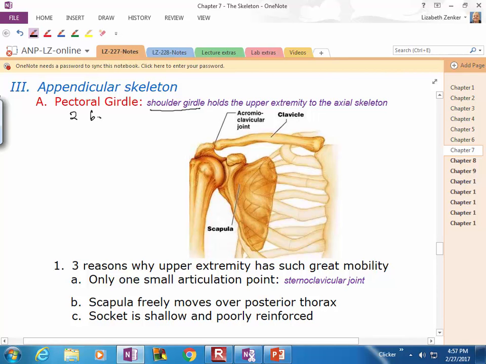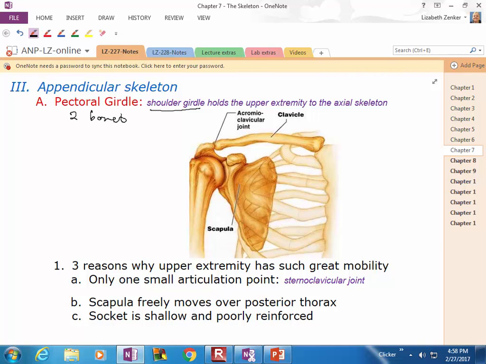Only 2 bones are really what are holding this up there. So we have the clavicle and the scapula with the humerus. And so the clavicle and the scapula are the 2 bones that are attaching it to the axial skeleton.